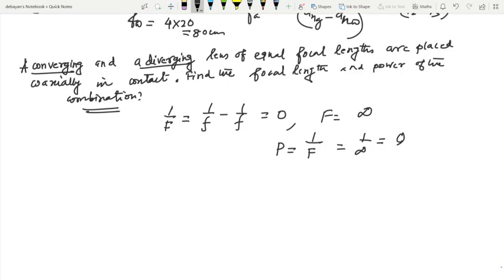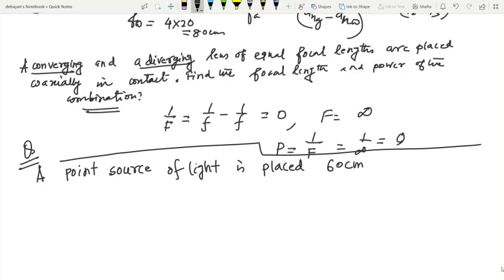Say a point source of light is placed 60 centimeter away from a screen. The intensity that is detected at P is given.